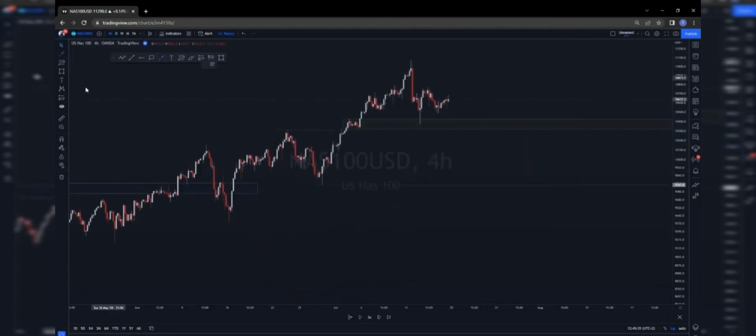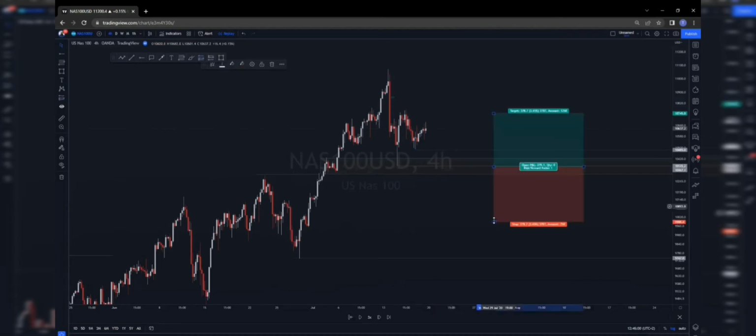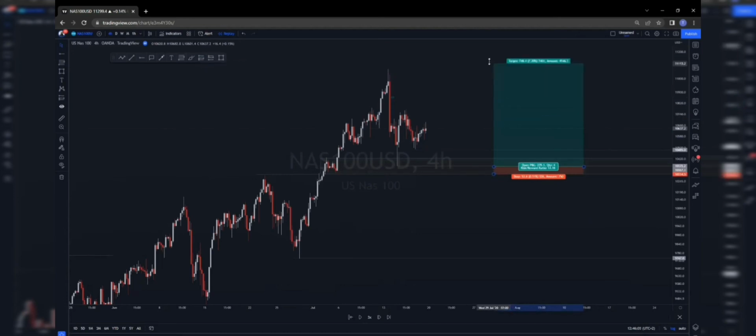So the market has incentive because it's going up long term to fill in this gap. We have liquidity over here, liquidity over here. So for me, the first opportunity will be buying below this area of liquidity on the zone, assuming that the market will take out both of these liquidities.